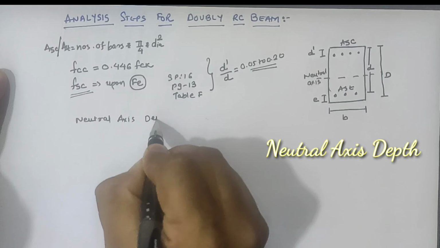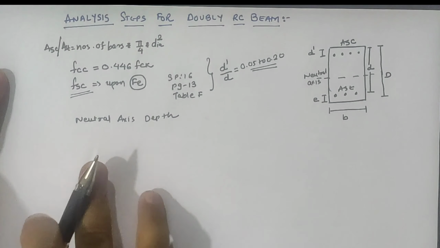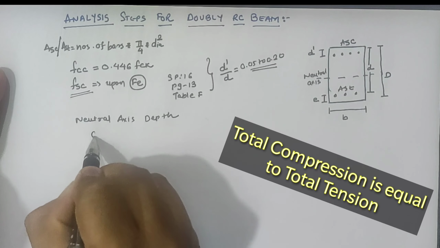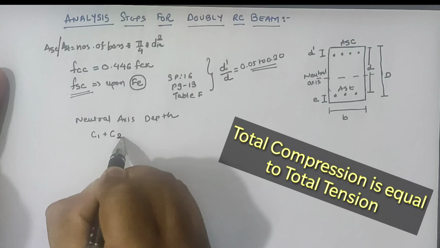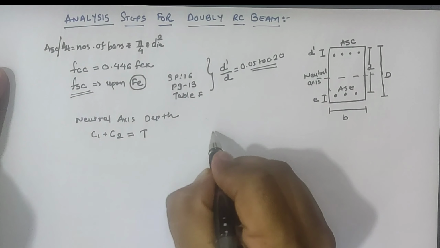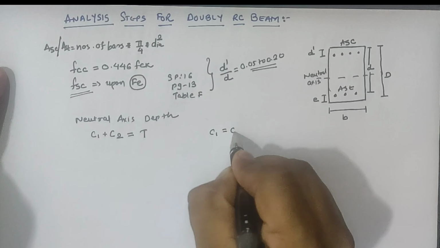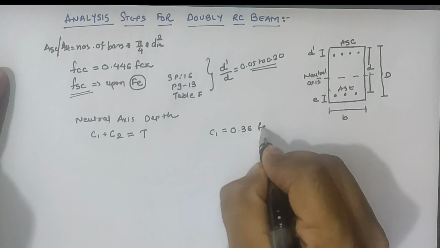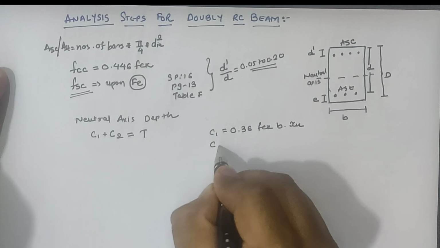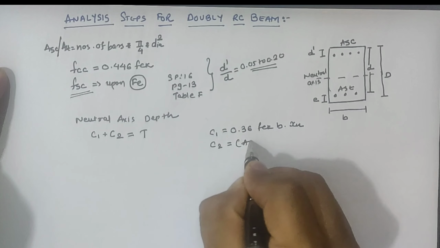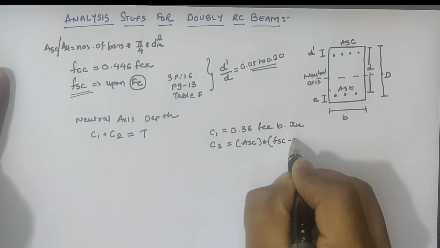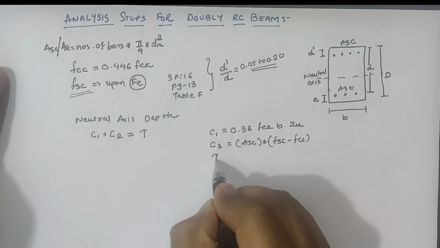axis depth, and the neutral axis depth is calculated by equating the total compressive force to the total tensile force. C1 is calculated by 0.36 fck b into xu, and C2 can be calculated by Asc into (fsc minus fcc).